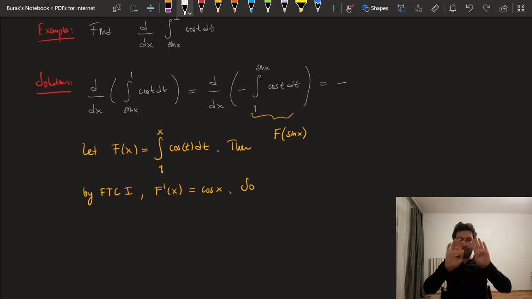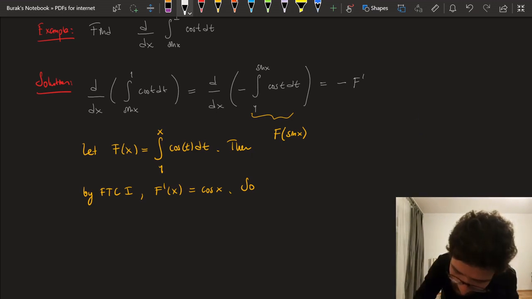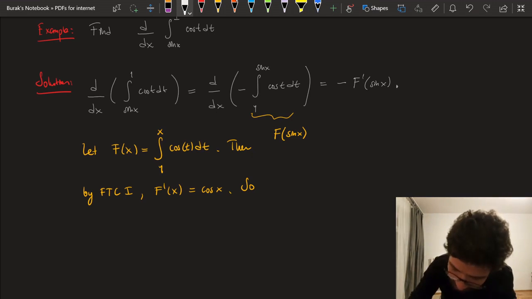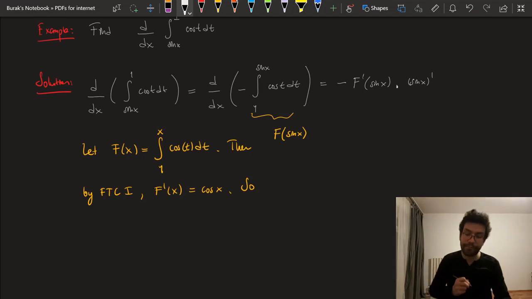F is differentiable by the fundamental theorem, and sine is differentiable. I have two functions, so I differentiate the outer function first, leaving the input fixed, and then I multiply with the derivative of the inside, which is cosine of x. Maybe I should just write it as sine x prime.